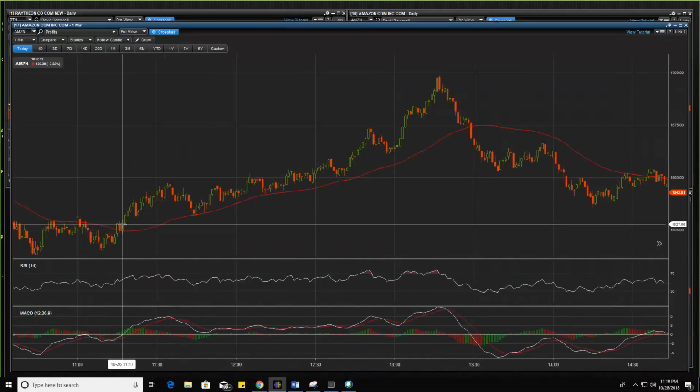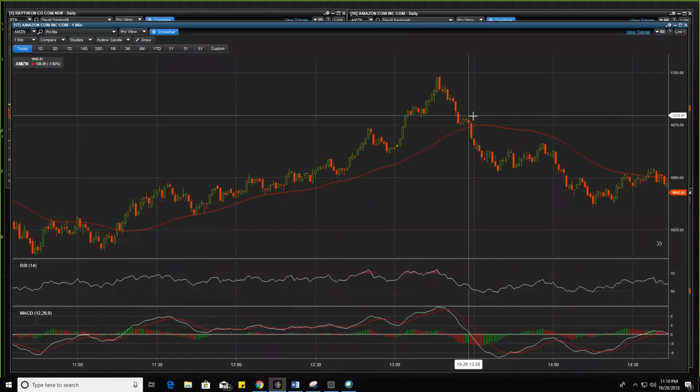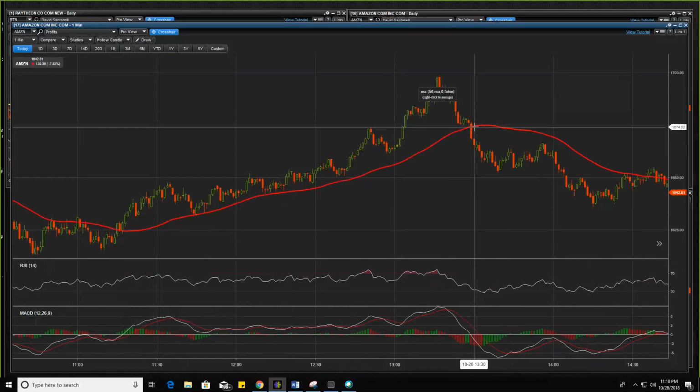Let me write that down. 1627.50. Now the beautiful thing about this is I'm going to show you guys first. We're using that as our entry, 1627.50, and then we're using the first candle below as our exit. So here's our exit, 1674.50.